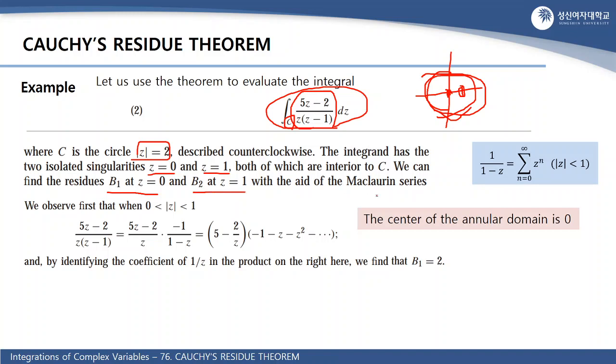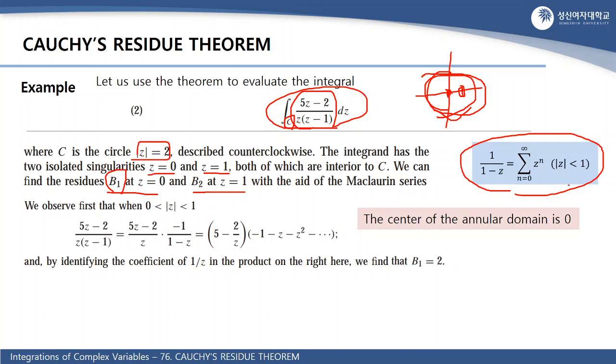First, we are trying to find B1 by using the Maclaurin series. Here I wrote it: 1 over 1 minus z is equal to the summation n equal to 0 to infinity of z to the n, where the radius is 1.